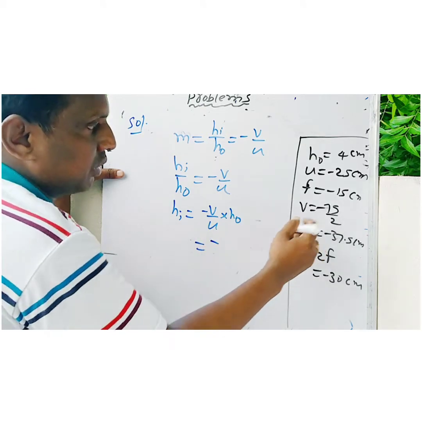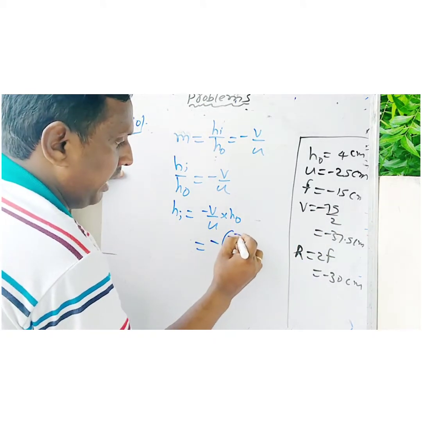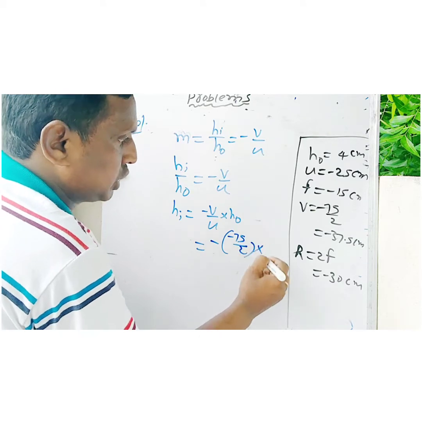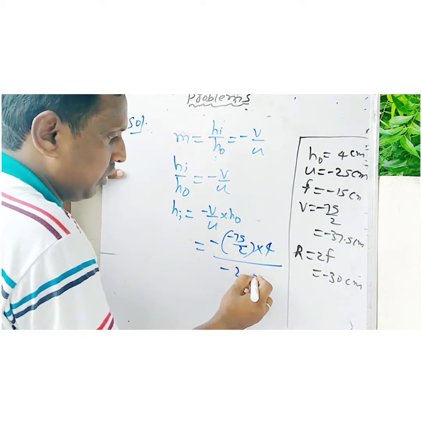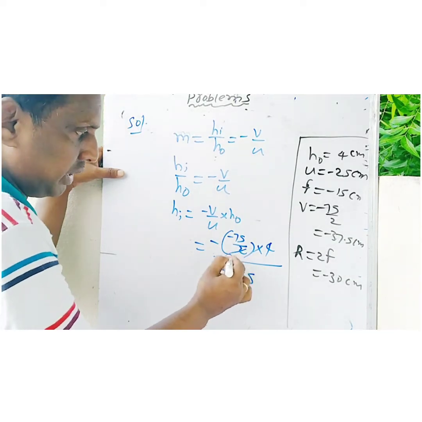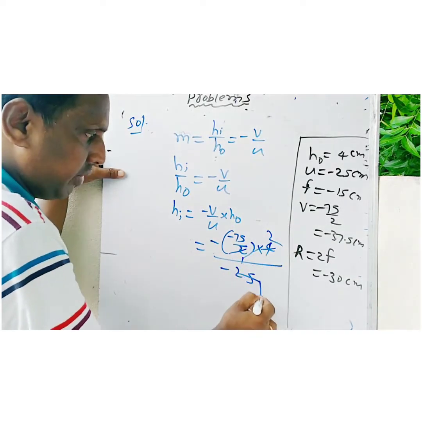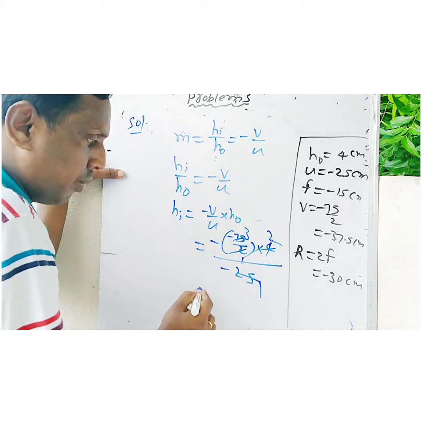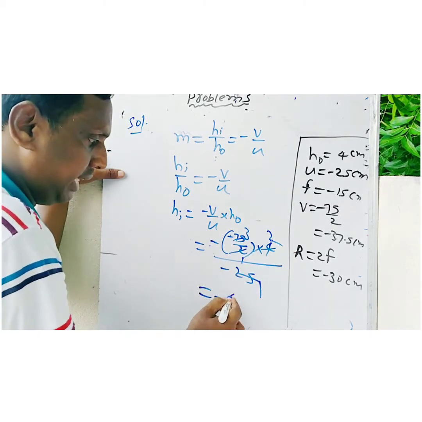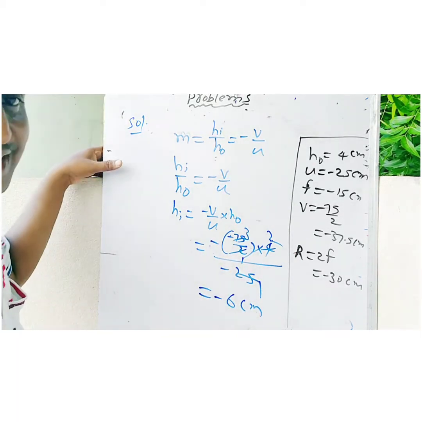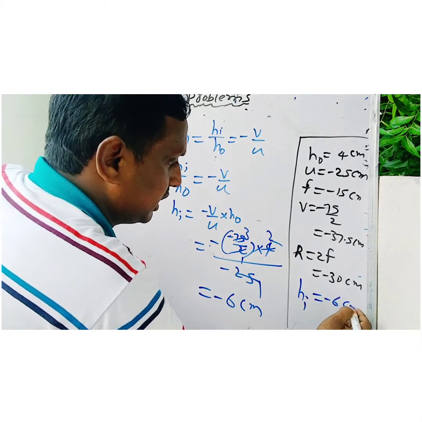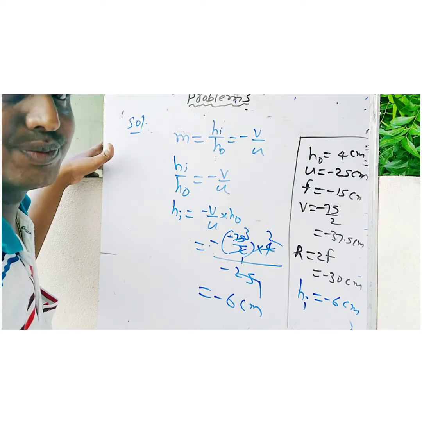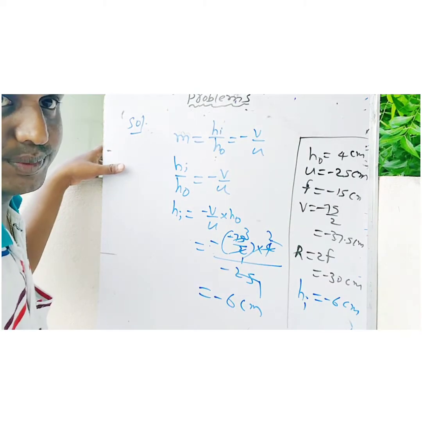Minus V value, minus 75 by 2, into HO value 4, by U value minus 25. Cancelling, this is the answer. How much here? 6, minus. So minus 6 centimeters. Now we got HI equal to minus 6 centimeters. Finish. This is a 4 marks problem.